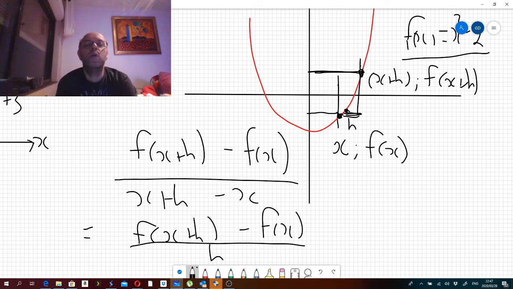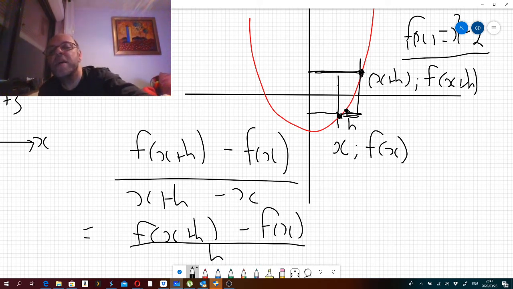In other words, we can approach infinitely small, but not get there. Because remember, if we actually get to x, then we're just going to have x minus x, which is 0, and we can't divide by 0, so we can't have that at the bottom. But we just make h very, very small.